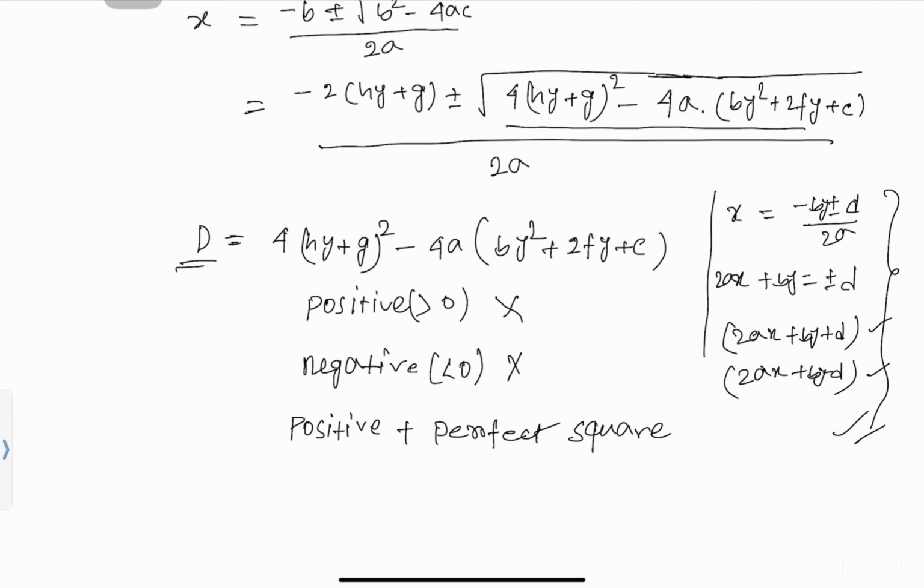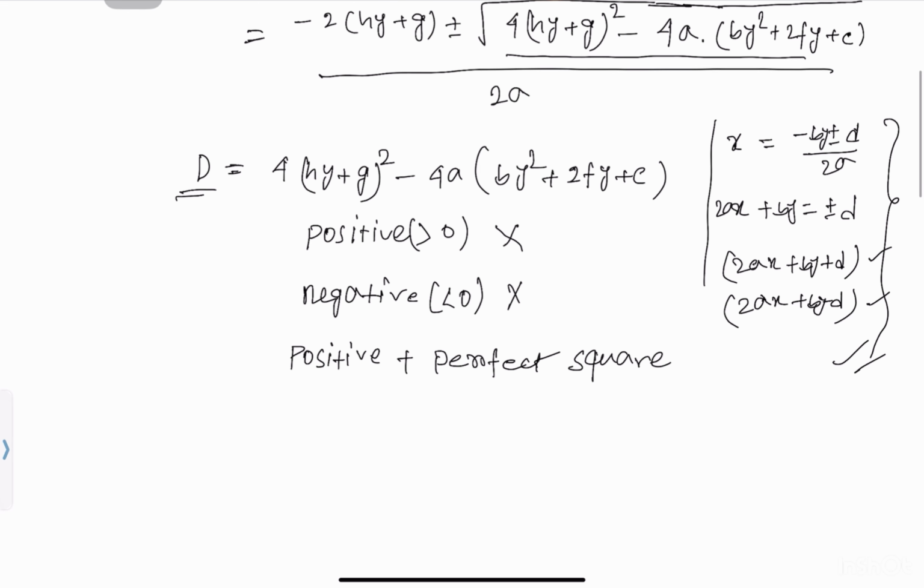Assume 5 square. The square root of 5 square gives you 5. So that's why if d is a perfect square, then you can say our requirement is fulfilled. This is our main motivation. So we got our answer: whenever d is a perfect square, we got our answer.